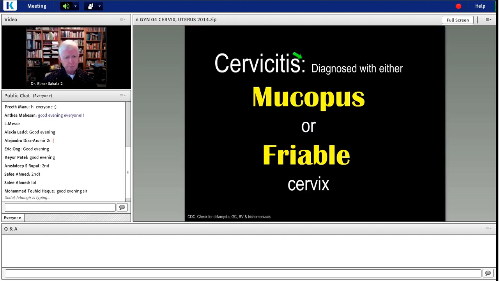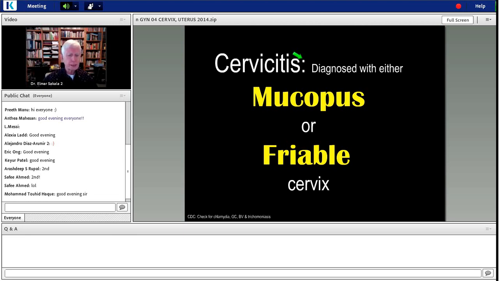Cervicitis. The Center for Disease Control, the CDC in Atlanta, Georgia, is so concerned about sexually transmitted diseases and PID that they have defined cervicitis as a clinical diagnosis, not a laboratory diagnosis. It used to be a laboratory diagnosis. You would take a culture and the culture would come back and tell you what organism was involved.